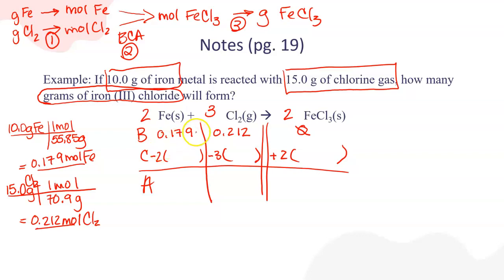So if you haven't figured it out yet, you're dividing by the coefficients. So I'm going to divide this by 2 and get a number, and this by 3 and get a number. 0.1534 for gas, and then 0.179 for iron.